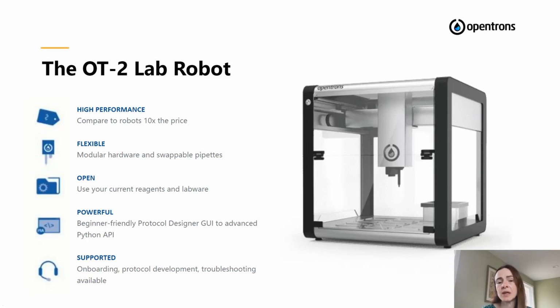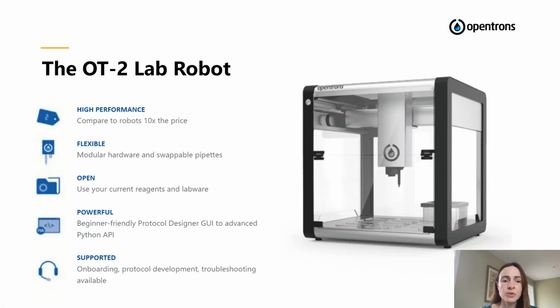So the OT2 has high performance comparable to robots that are much more expensive than it. It's also flexible. I'll show you on another slide a little bit about the modularity of the platform, and it's open.